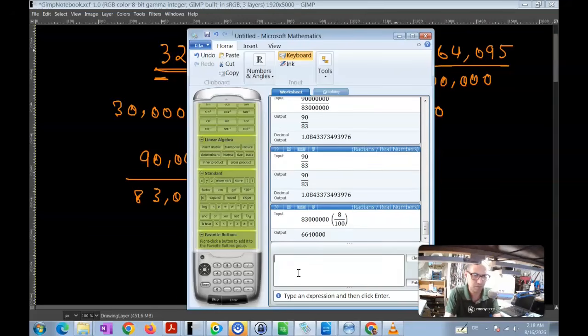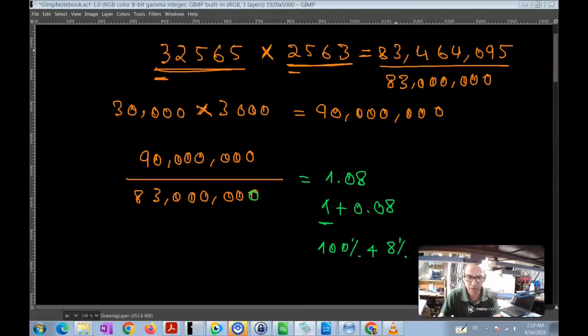800, that's a 664, that's 6,640,000, right? So then I said that basically 90 million is essentially 83 million plus 8% of 83 million, right?